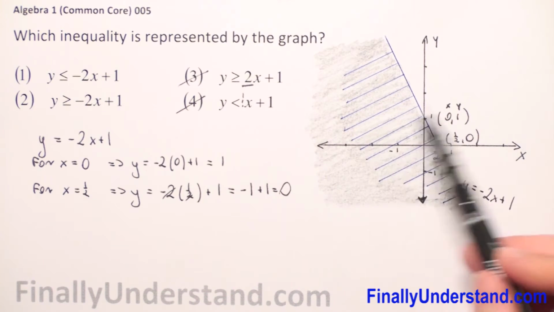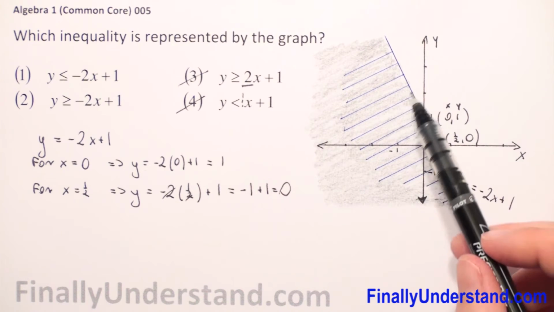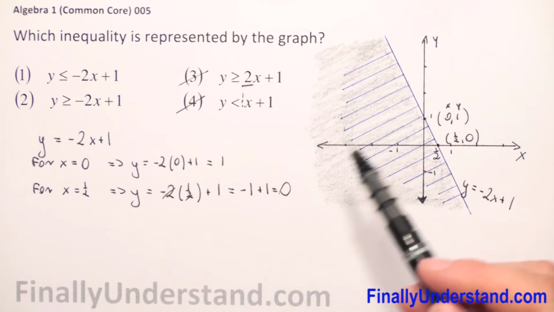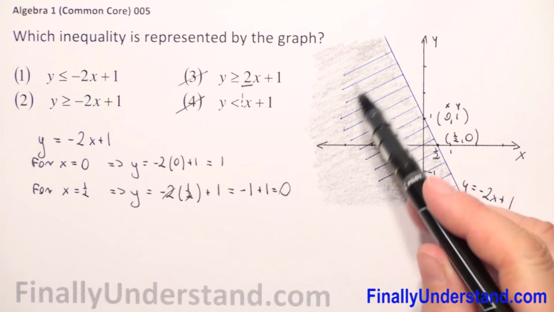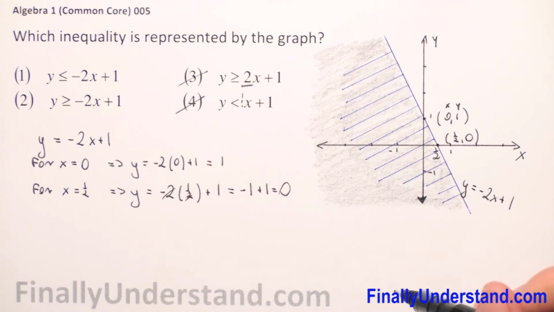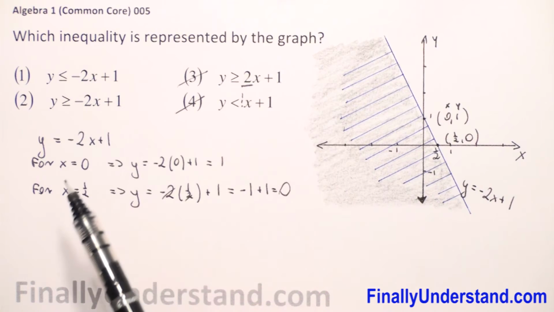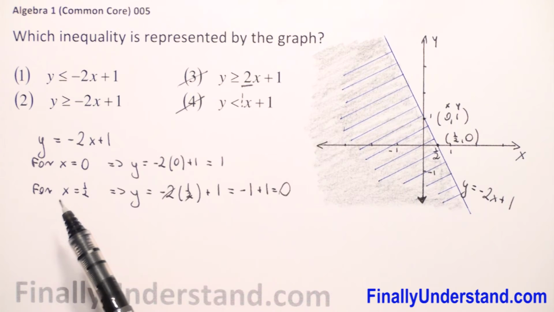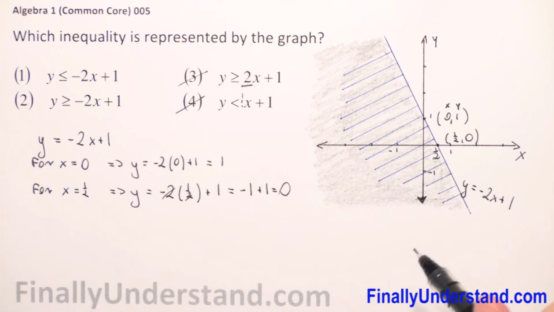And now, which part, left or right, is the solution? How do we do this? We have to choose a point in the area which is shaded, and when we substitute x by the given value and y by the given value, if the inequality is true, it means that this point belongs to the solution and everything is okay.